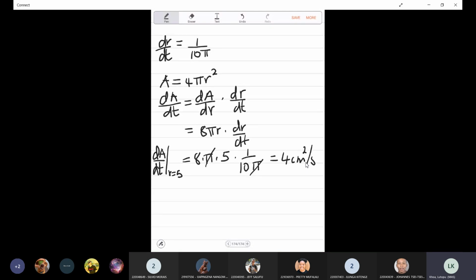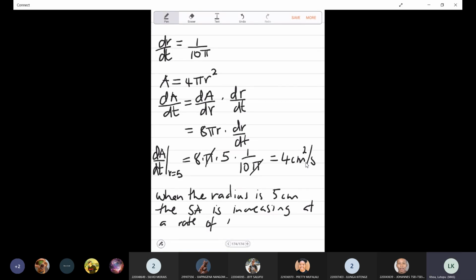We say that when the radius is 5 centimeters, the surface area is increasing at a rate of 4 centimeters squared per second. That is how we would answer that.